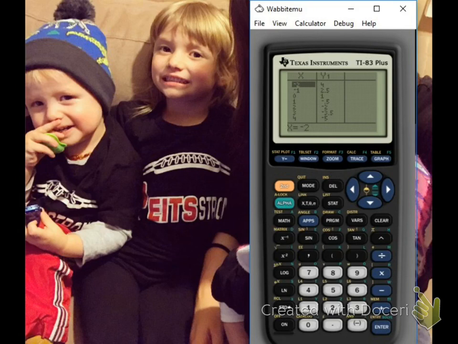So when I'm doing this, I can plot each of those points: -2, 4, -1, 2.5, 0, 1, 1, -0.5, and then 2, -2.